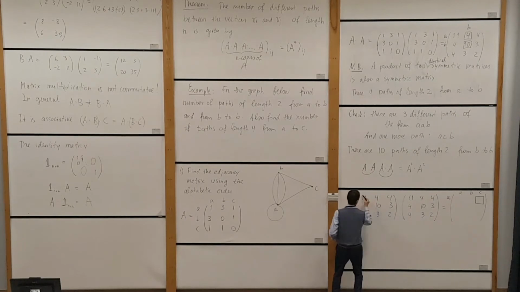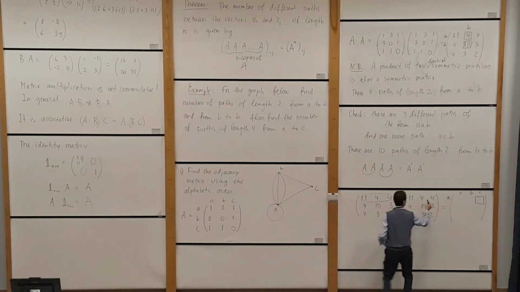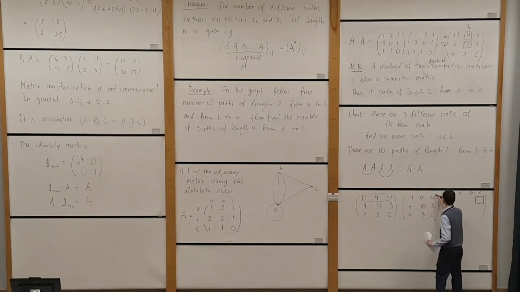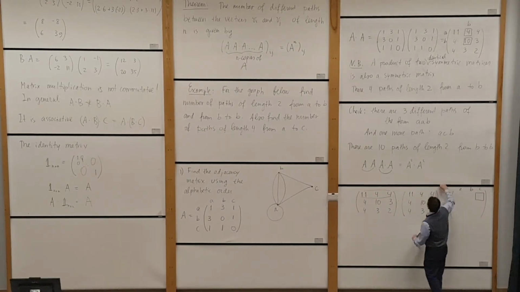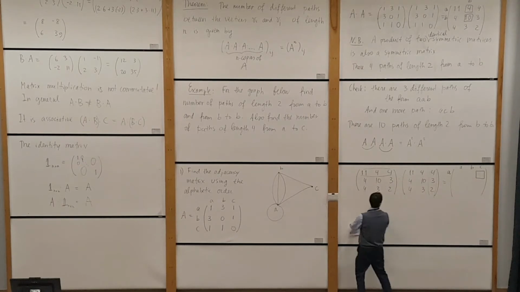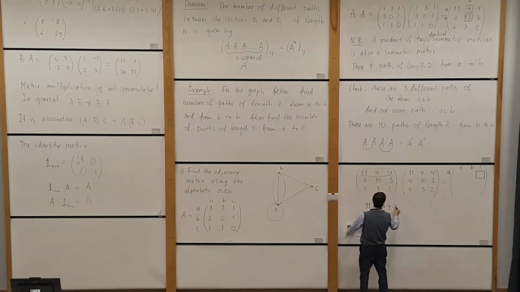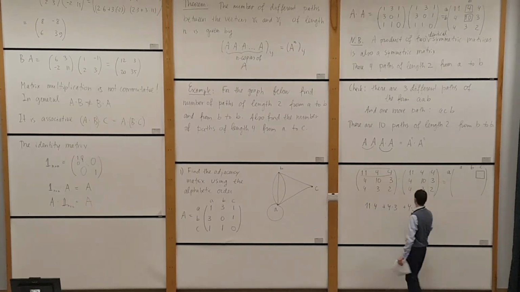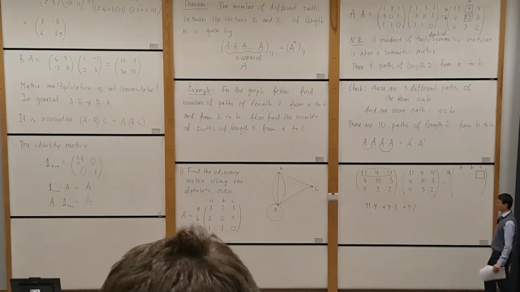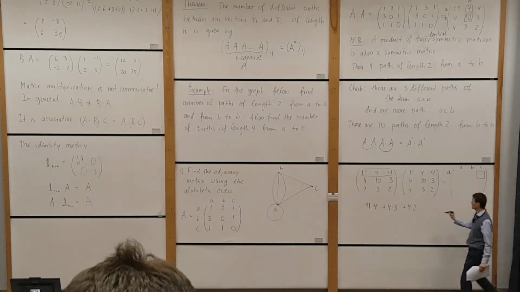And therefore, here I need the first row, and here I need the third column. And I can do my arithmetic separately now. So it's 11 times 4 plus 4 times 3 plus 4 times 2. So that's what I need to calculate to get that entry.